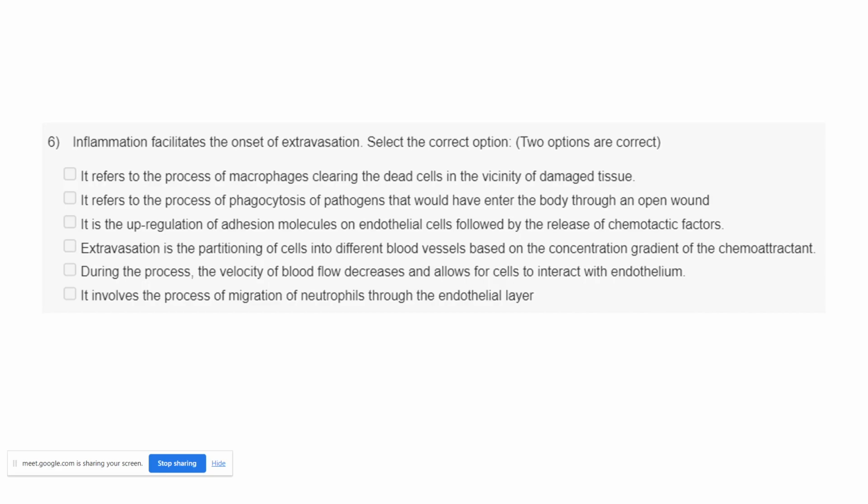Okay. Option 3 and 6. Okay. Anyone else?